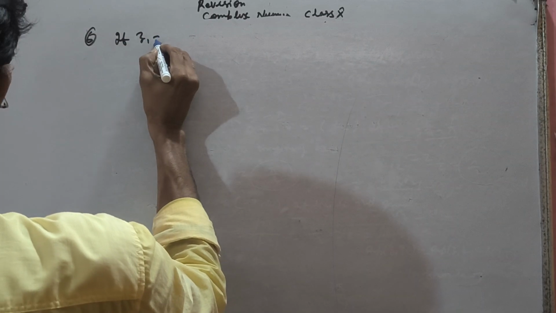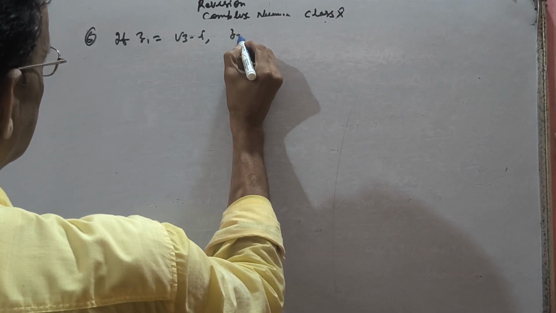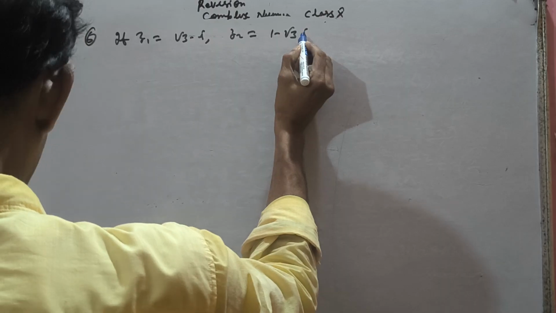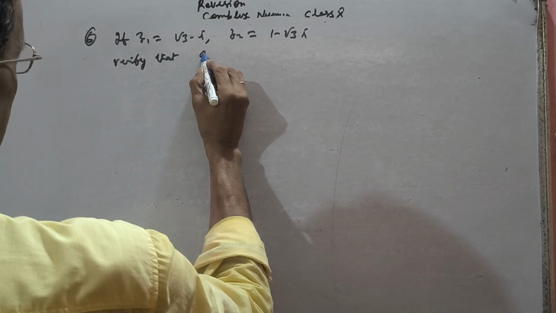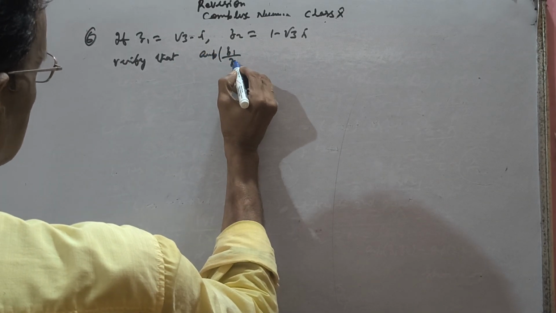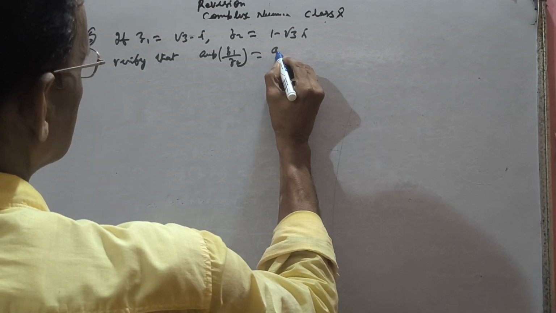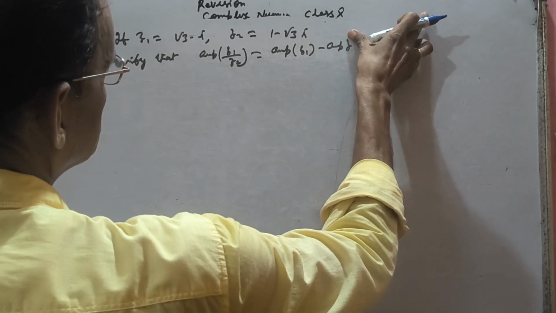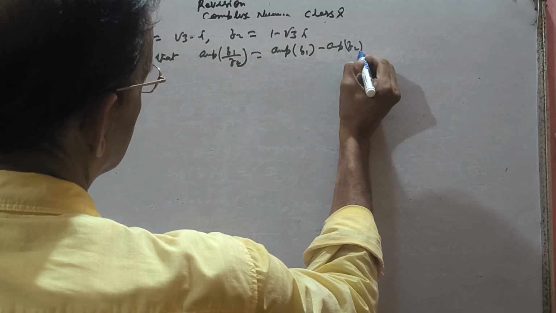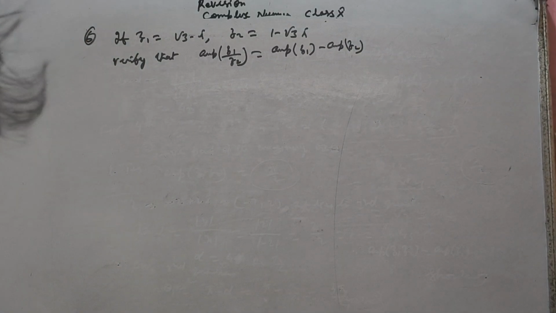If Z1 equal to root 3 minus i, Z2 equal to 1 minus root 3 i, verify that amplitude Z1 by Z2 is equal to amplitude Z1 minus amplitude Z2, okay? Start the solution now.